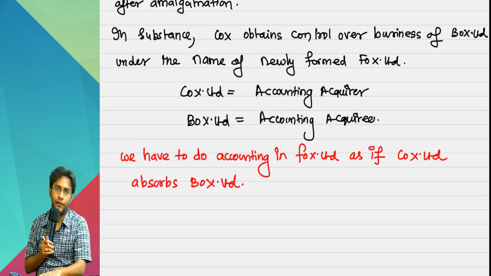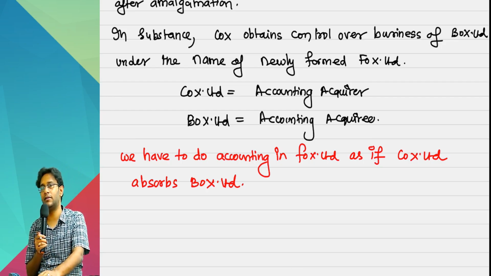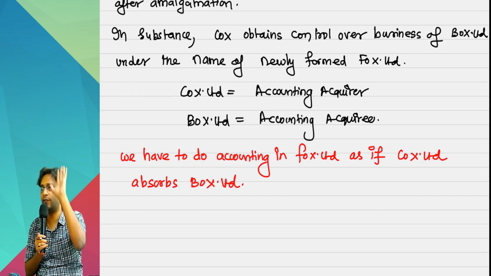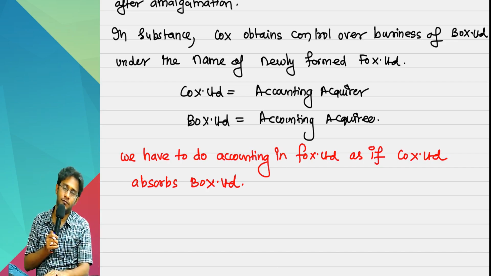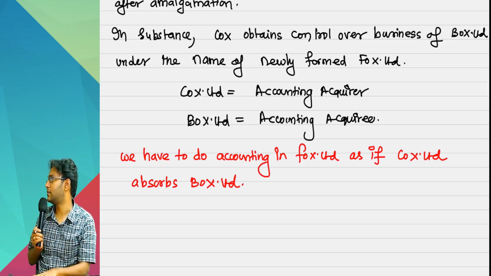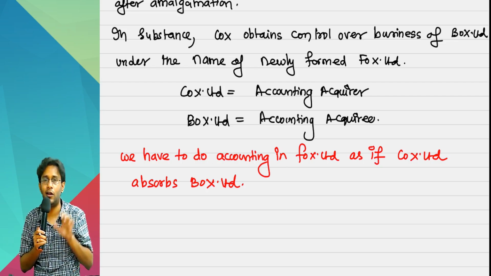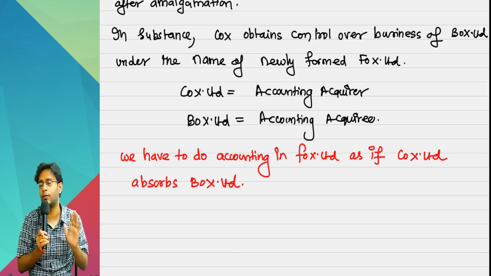Much more openly, if I tell you, forget about this entire question, do the sum as if Cox absorbs Box. In the balance sheet, write the name Fox, that's all. So you record entries as if Cox is literally absorbing Box and Cox changed its name to Fox Limited. That's exactly what you have to do.